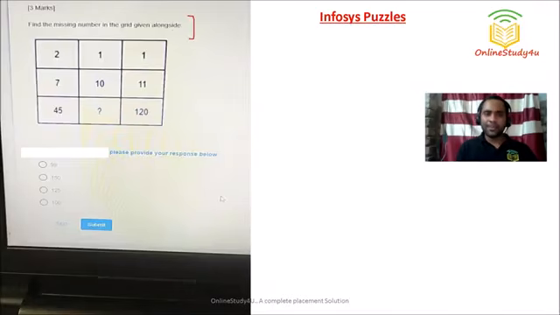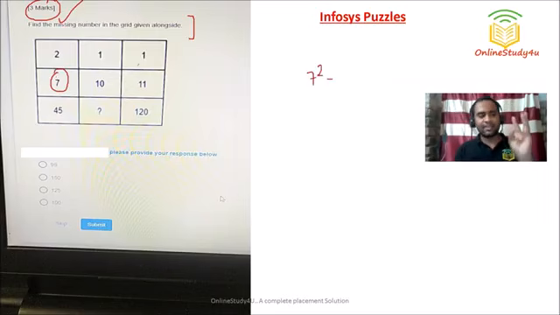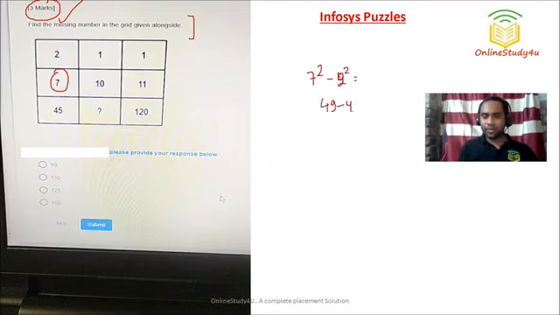Then find the missing number in the grid given alongside. So this is for 3 marks. Now friends, 7 is there, so 7 square minus, as I said, either addition, subtraction, multiplication, or difference. So 7 square minus 2 square, right? 2 is there. So 49 minus 4 will be equal to 45, right?